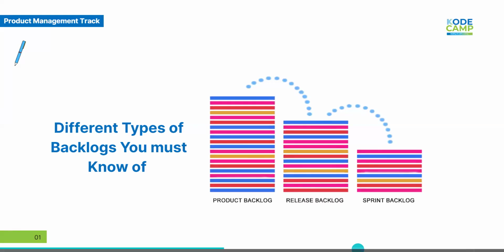My screen still shows different types of backlog. I think it's your network, because what I am sharing right now is how to create and develop a product backlog. Is that what you're seeing?